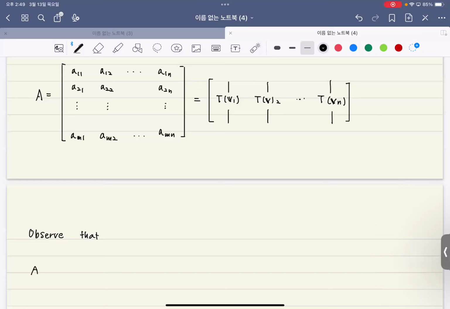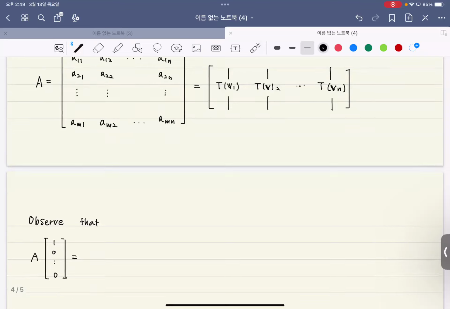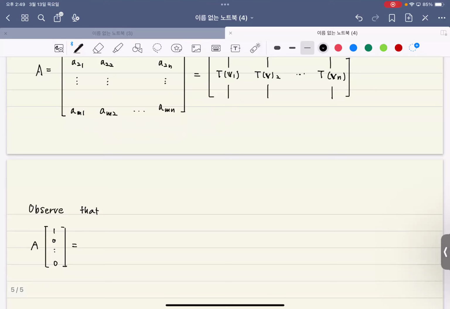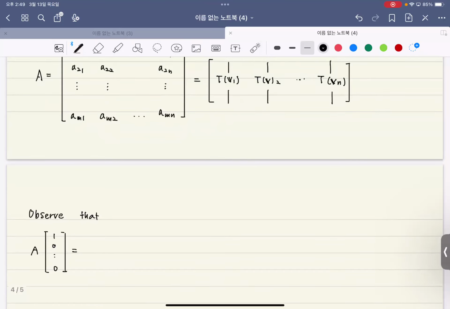You should be able to see this. If we multiply this matrix A by a standard unit vector (1, 0, 0, 0), then this is A11, A21, AM1.